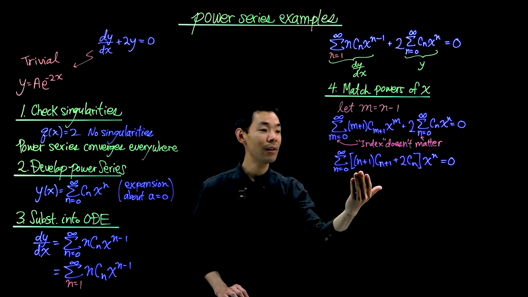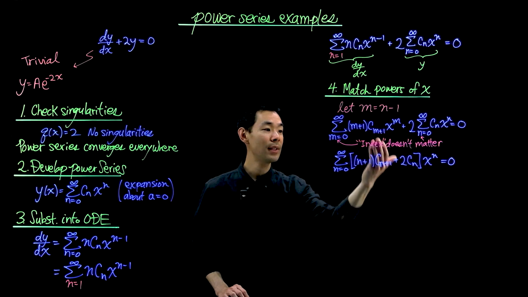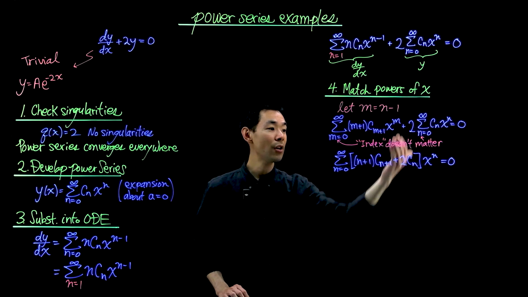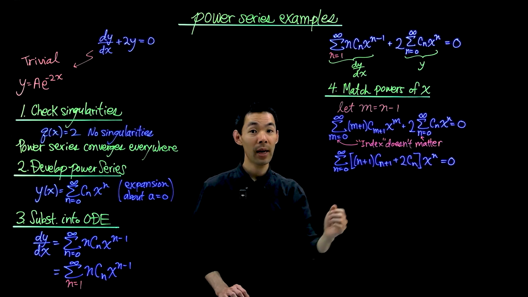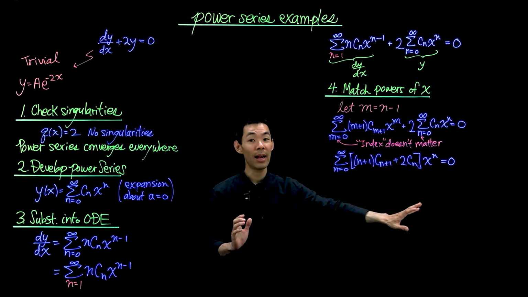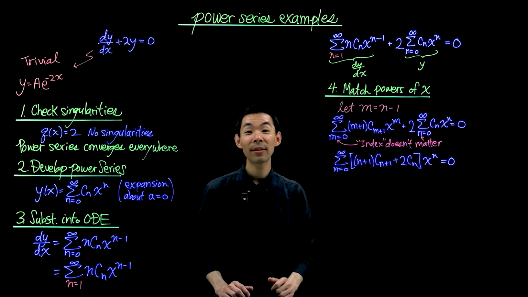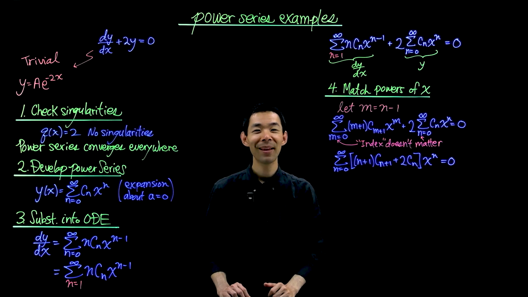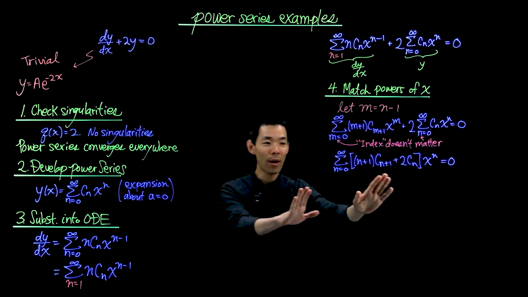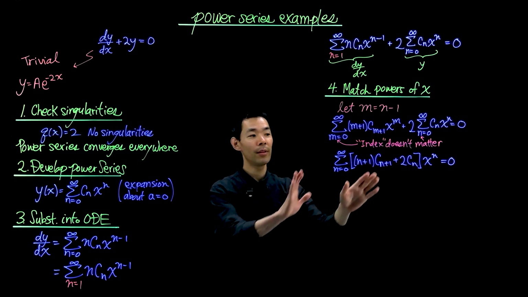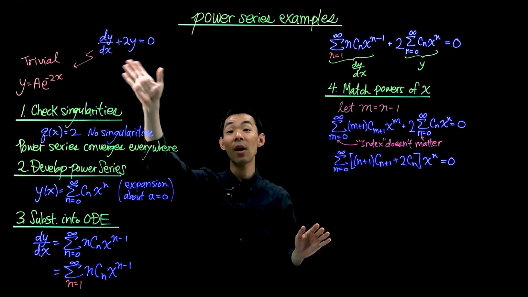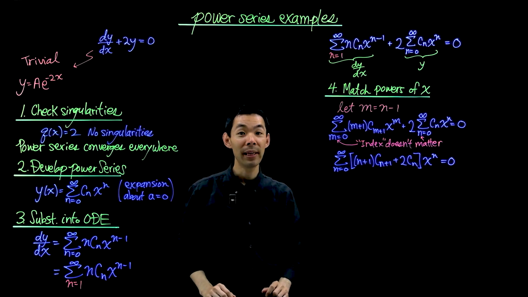First, I have a prefactor, n plus 1 times c sub n plus 1. The second term, plus 2 times c sub n. Okay? I've just factored out the x to the n and then pulled out the grand summation outside. Now, this is an equality. Everything here on the left-hand side must equal 0. This must be true for us to actually solve and satisfy the ODE.